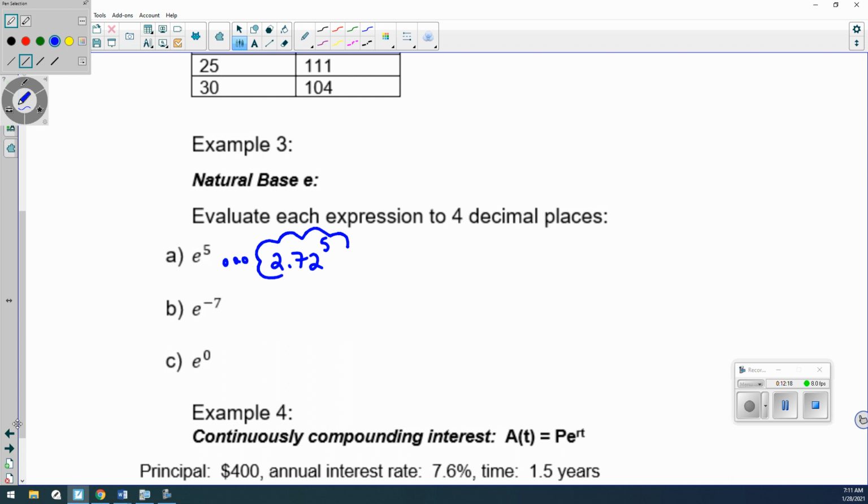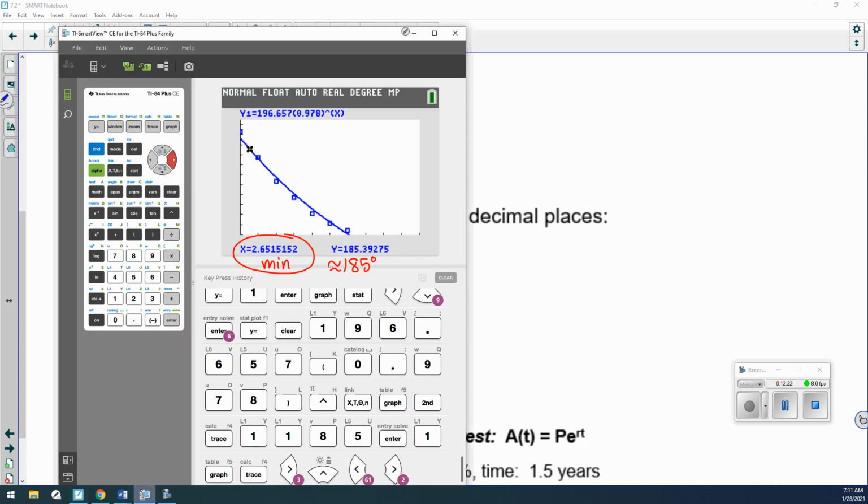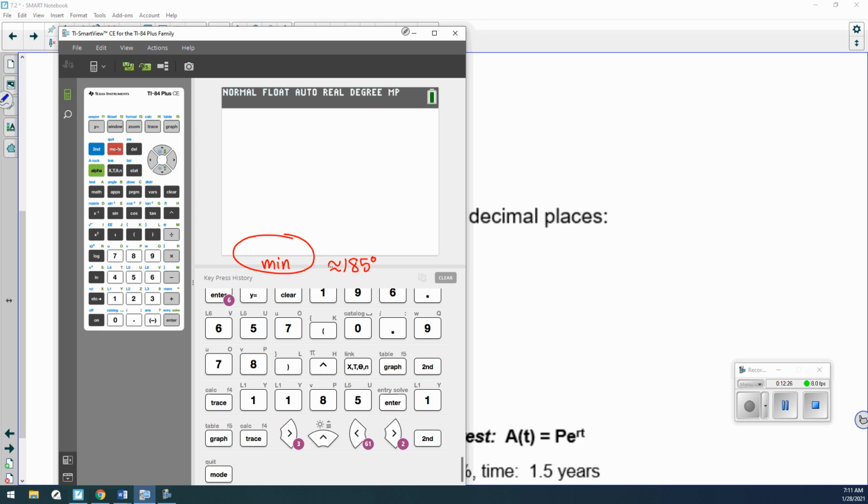I don't know what that's going to be, but on my calculator, my e button is second ln. Whoops, let's get out of this. Second ln. That didn't work either. Clear. Second ln. Come on. And then if I just plug in a 5, I'll get 148.4.